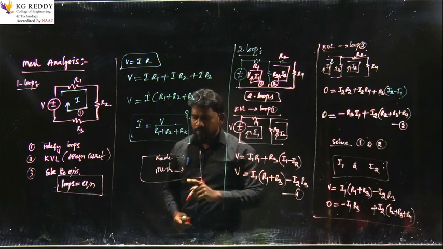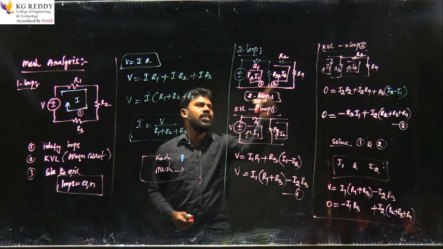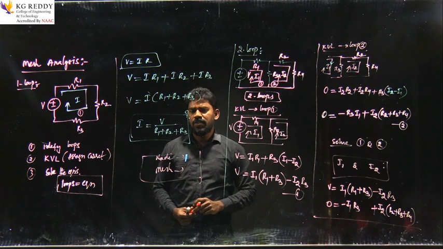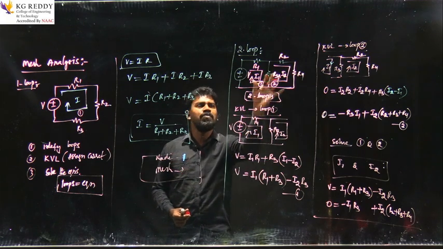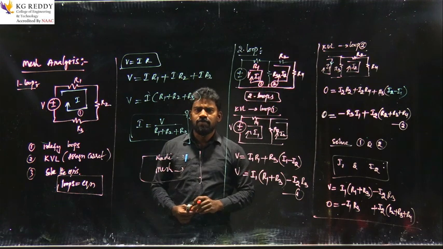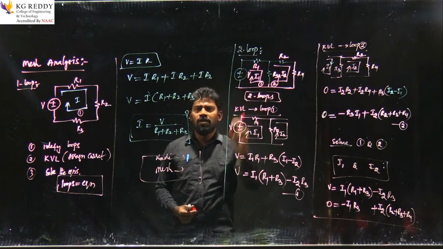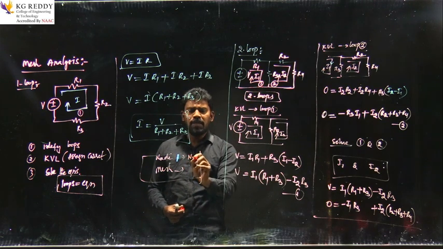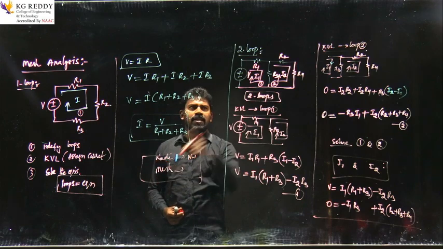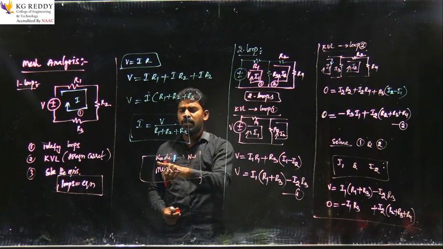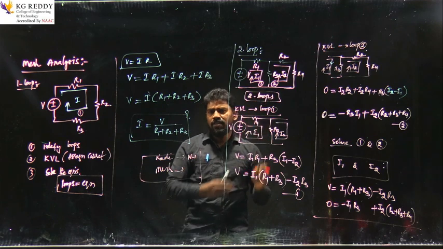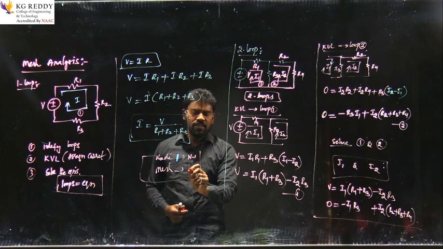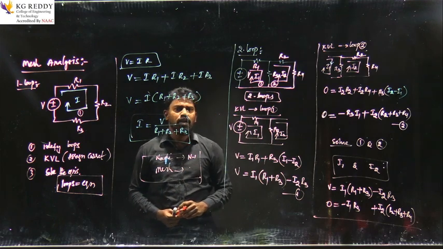By applying mesh analysis, you will get two equations. The number of loops is equal to the number of equations. But in nodal analysis, we cannot consider the loops. We have to consider only the number of nodes. The number of nodes minus one equations you will get from this network by applying nodal analysis.